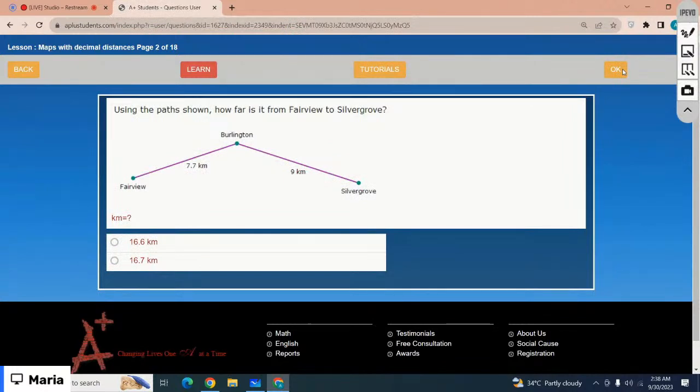The next one is using the path shown, how far is it from Fairview to Silver Grove? So which is the correct option? Here from Fairview to Silver Grove you have to go through Burlington, right?